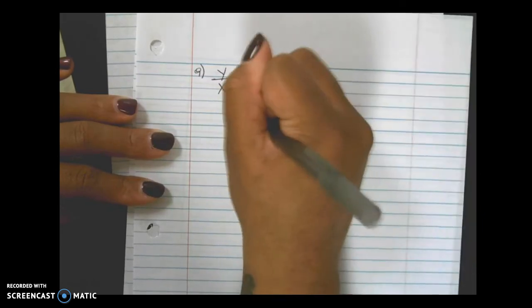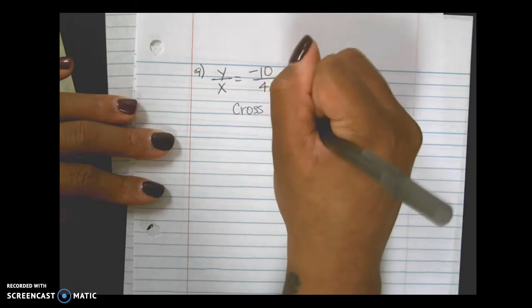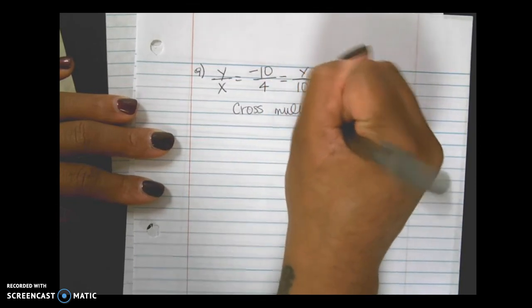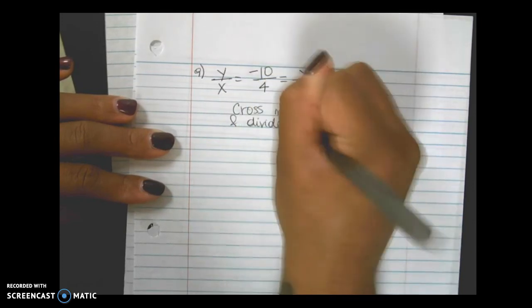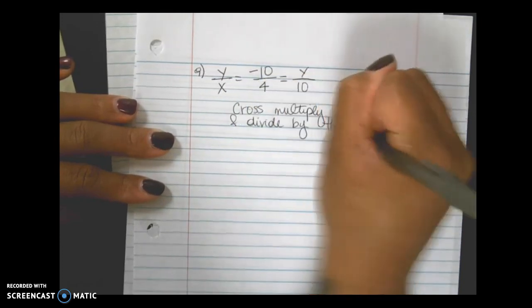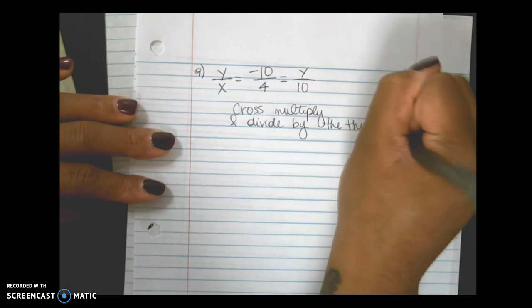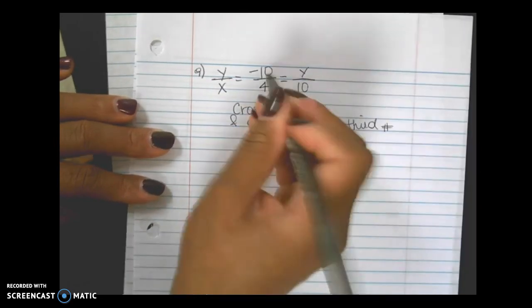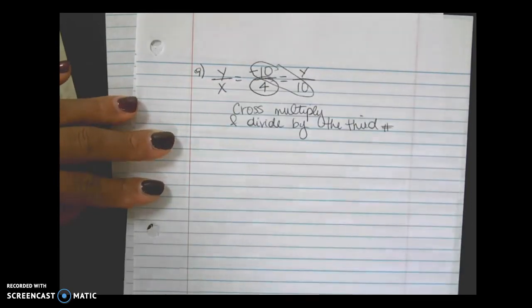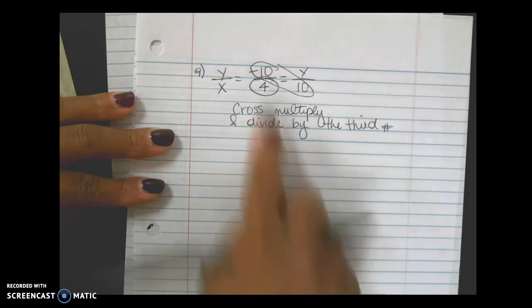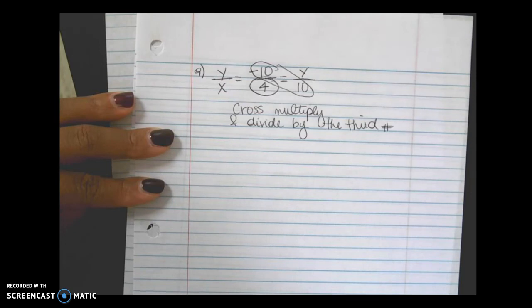Here you need to cross multiply and divide by the third number. Cross multiply and divide. This is a 6th grade concept, hence why I have not gone into more detail over this in class, because you were supposed to know it from 6th grade.